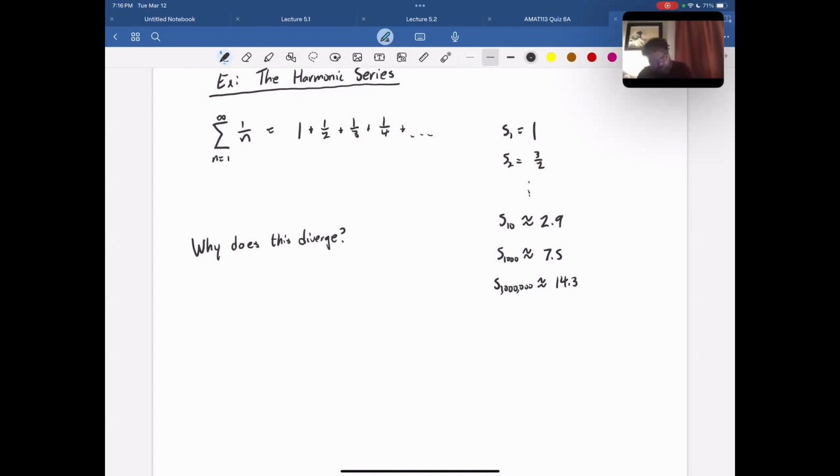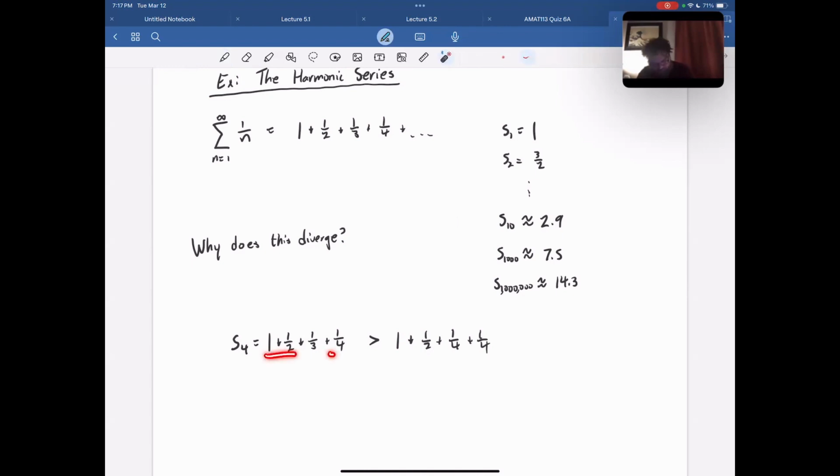Right, and so we'll consider S4, which is going to be 1 plus 1/2 plus 1/3 plus 1/4. Now my claim, and let me move this down a little bit so I can make this claim, is that this is greater than 1 plus 1/2 plus 1/4 plus 1/4.